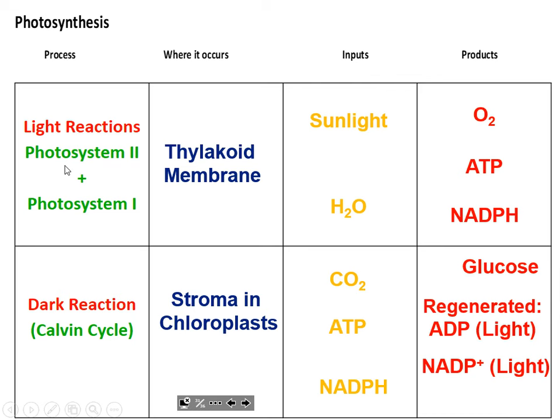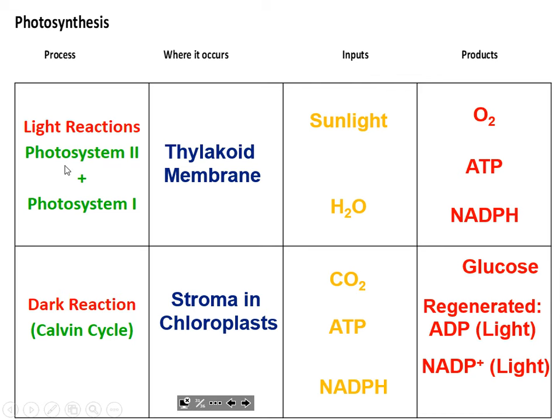NADP plus. That is the electron carrier that we talked about. The NADP plus and the NADPH coincide with each other, and it depends on where the electrons are coming at.